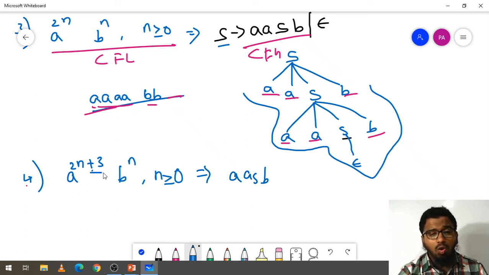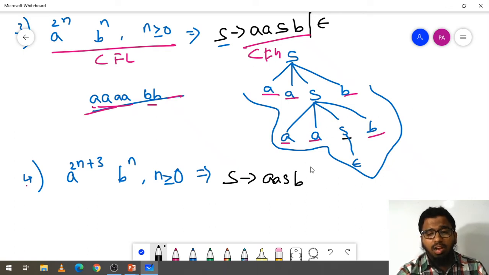Now we need to work on plus 3. So for that, sorry, I will change the color. S → A A S B. Then now we need to work for the 3. So for 3, where is 3? a to the power of 3, that means A, 3 times we need to write.